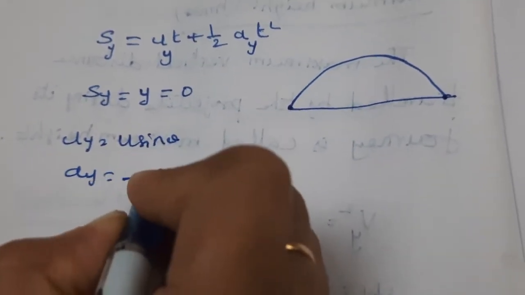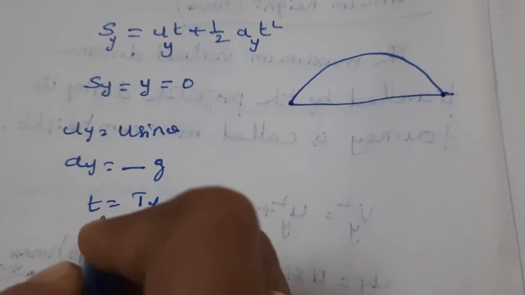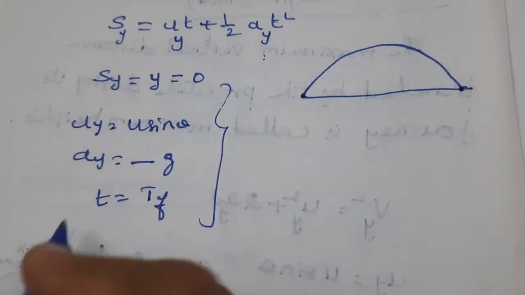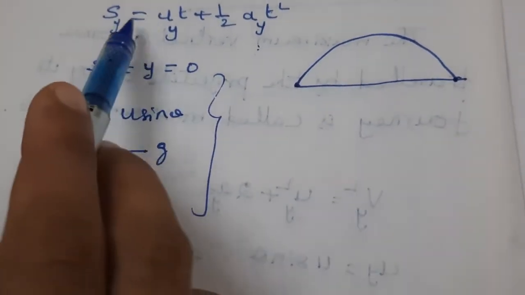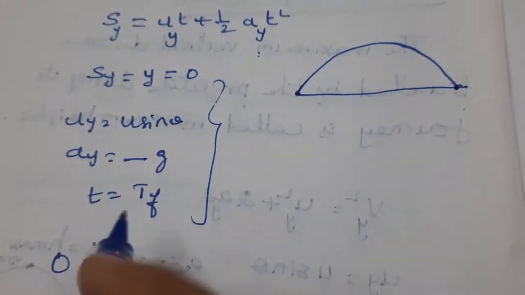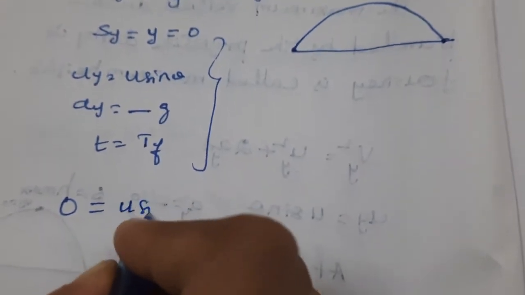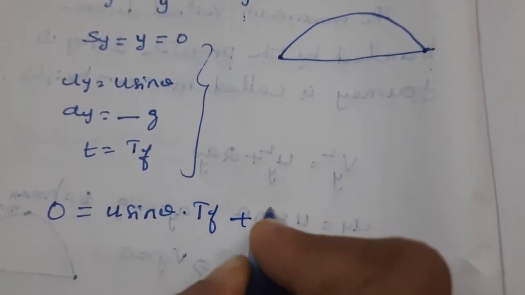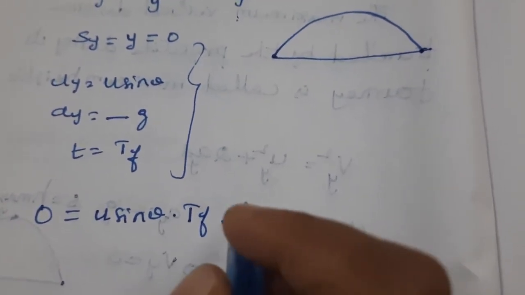Ay equal to minus g, and the t we can write as time of flight tf. So substitute all these quantities in this relation. We get 0 is equal to Sy, that is y equal to 0. So 0 is equal to uy, that is u sin theta into tf, from s equal to ut plus half at square.